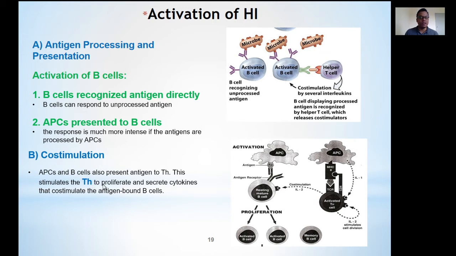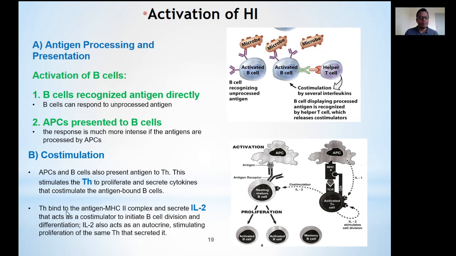This stimulates the T helper to proliferate and secrete cytokines that co-stimulate everything, including themselves and the antigen-bound B cells. The T helper binds to the antigen class 2 complex, then secretes interleukin 2, which acts as a co-stimulator to initiate B cell division and differentiation. Interleukin 2 also acts as an autocrine, stimulating proliferation of the same T helper that produces it.